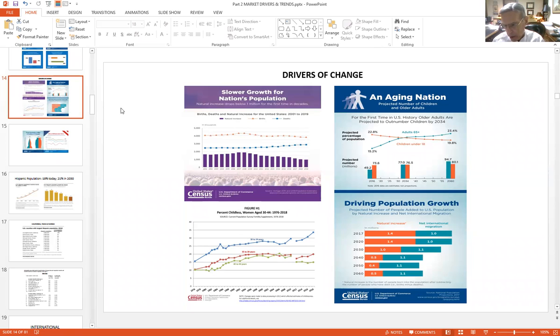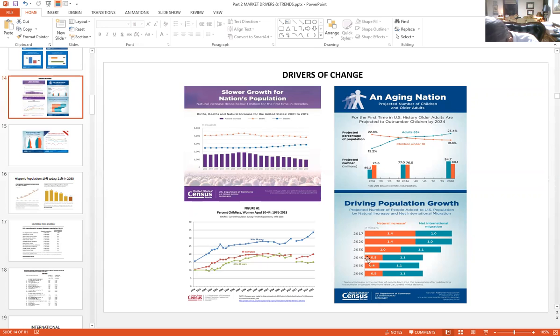As a matter of fact, we can do that before we look at the others. You can see down here in the lower right hand that the natural increase in population is represented by the orange bars. And over time, including forecast into 2060, the proportion represented by natural increases, that is the difference between births and deaths, really gets a lot smaller.